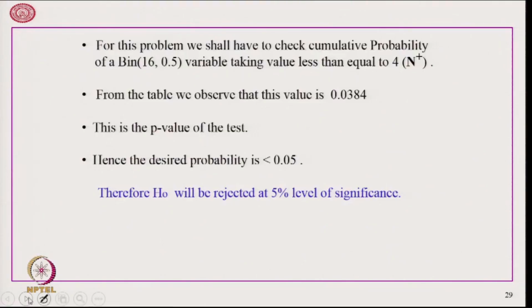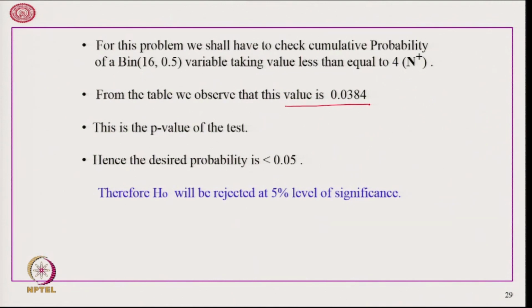So, for this problem we have to check the cumulative probability of binomial 16, 0.5 taking a value less than or equal to 4, as I have already explained, and we observe that the value is equal to 0.0384. So, this is what is called the p value of the test.